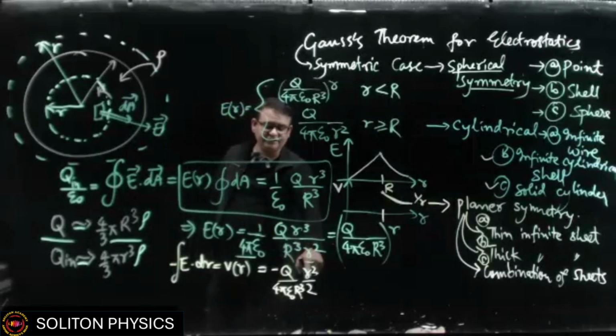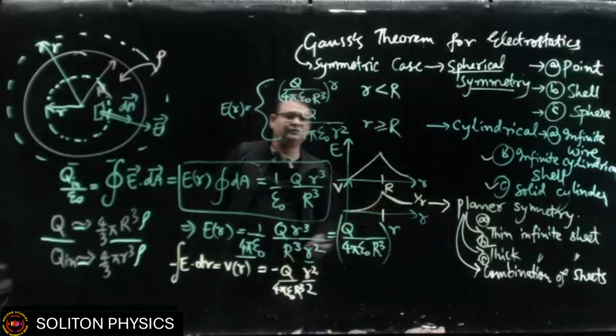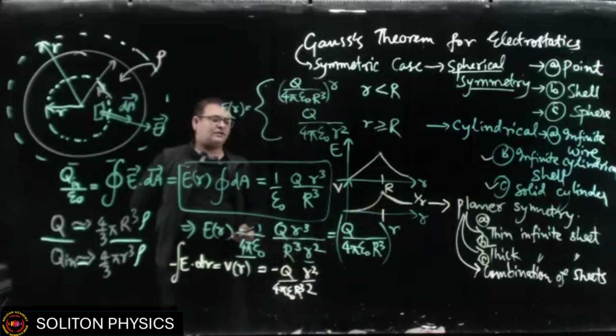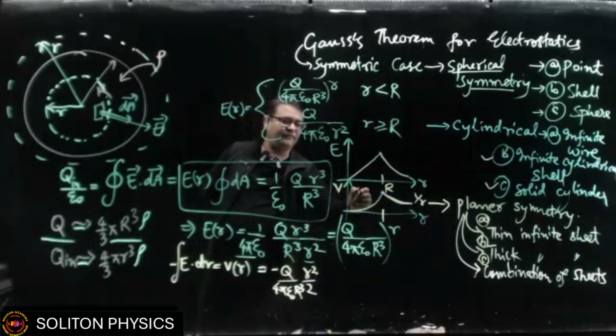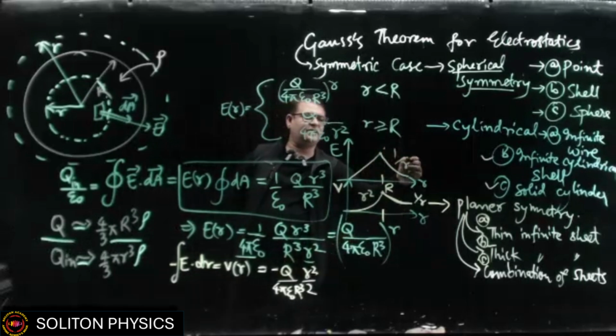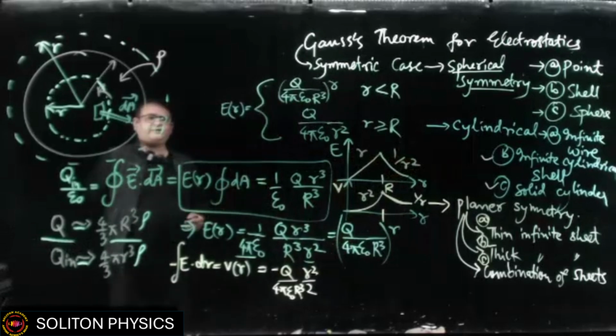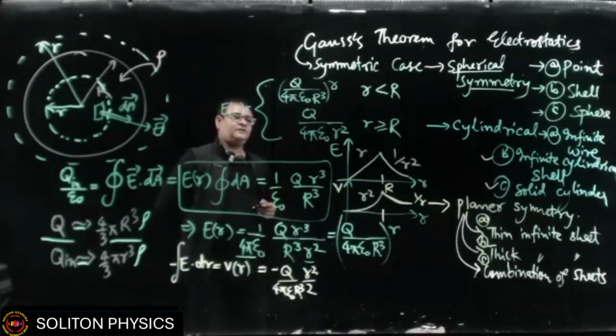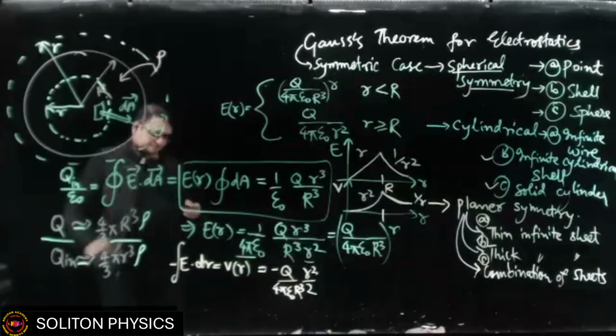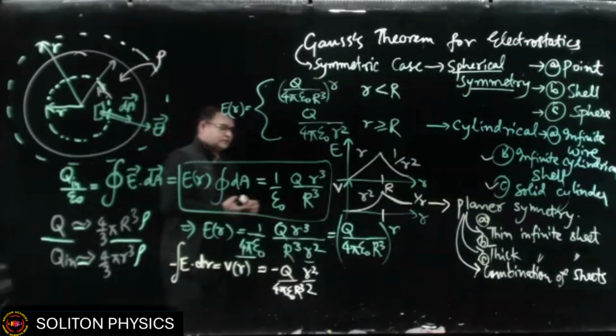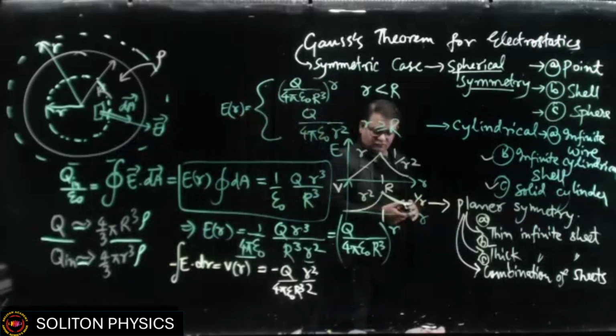So at r equal to 0, it will be 0. So it will be some parabolic function, right? So this will be r square dependence in this region, 1 by r in this. 1 by r square for the field and 1 by r for the potential. Is this point clear? Please take a snapshot. Any question, any doubt?